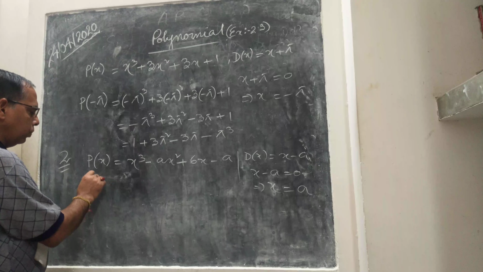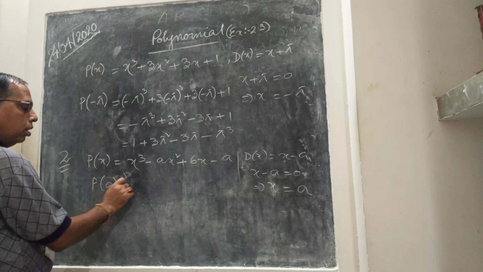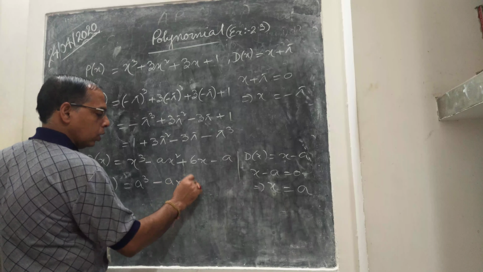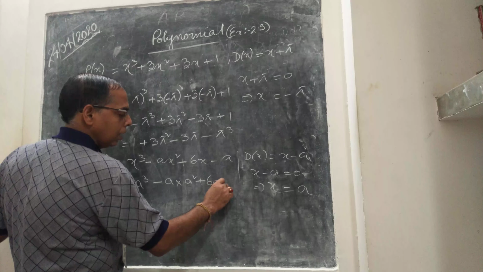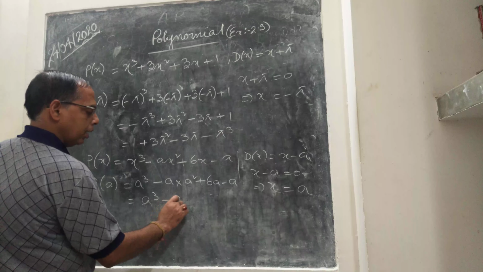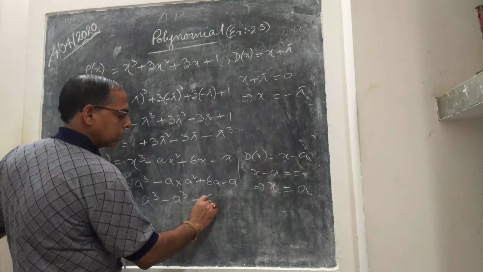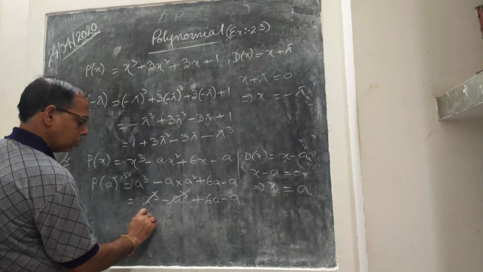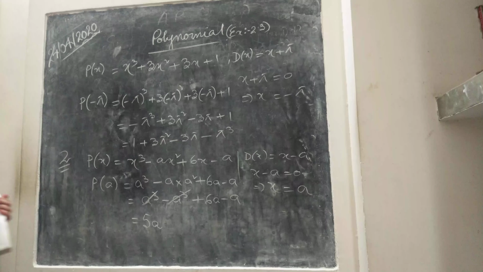Now substitute the value. p(a) equals a³ minus a·a² plus 6a minus a. Then a³ minus a³ is gone, 6a minus a is 5a. So what is the remainder? The remainder is 5a.